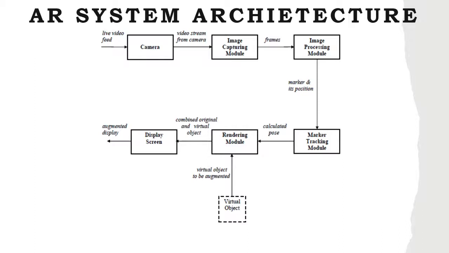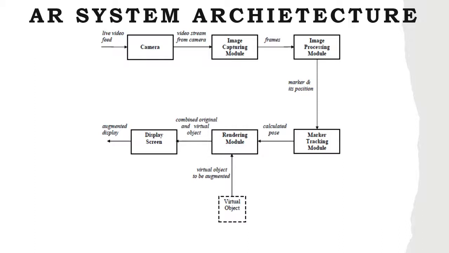See, in here, a live video feed goes through the camera to the image capturing module, and the video is divided into frames. Then it goes through the image processing module, and in there the marker is detected and tracked.